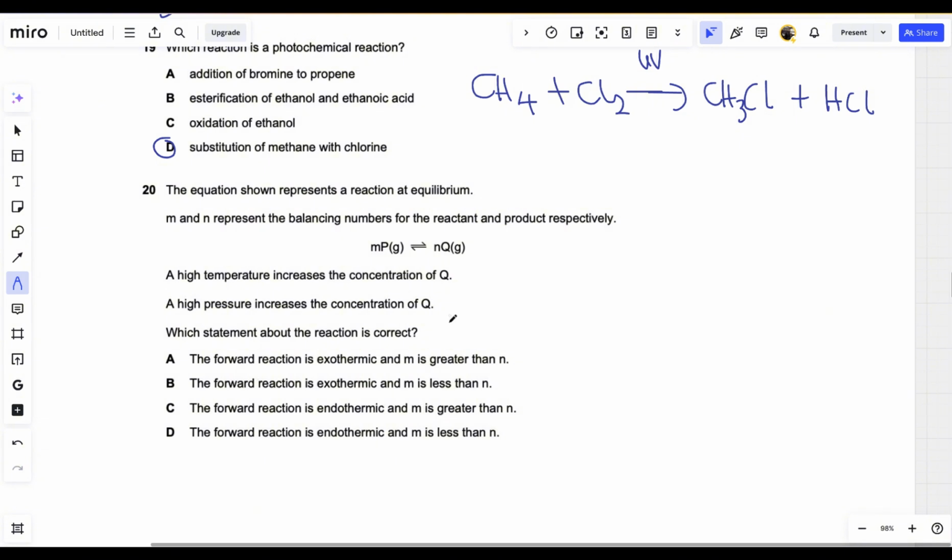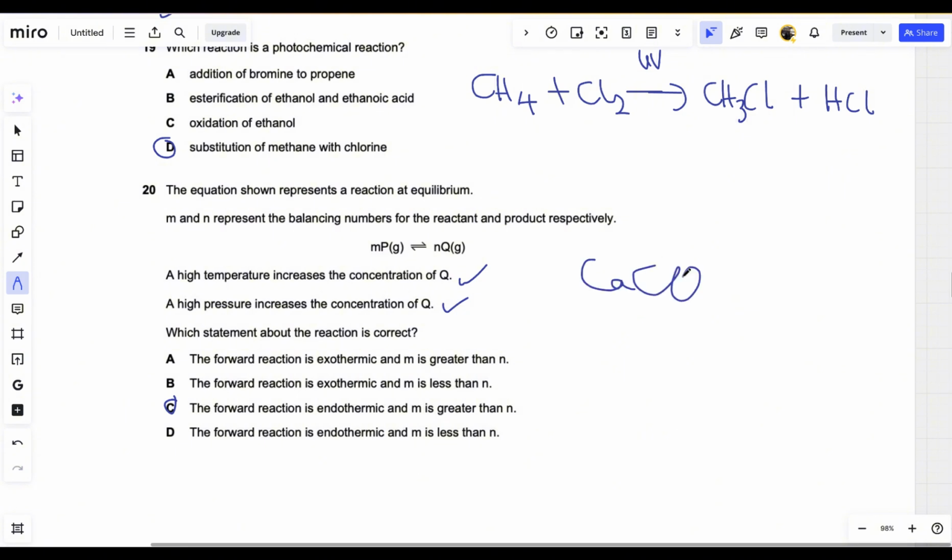Because of the condition of pressure and concentration they mentioned. So the forward reaction is endothermic, and M definitely is greater than N, because you are breaking down a decomposition reaction like calcium carbonate.